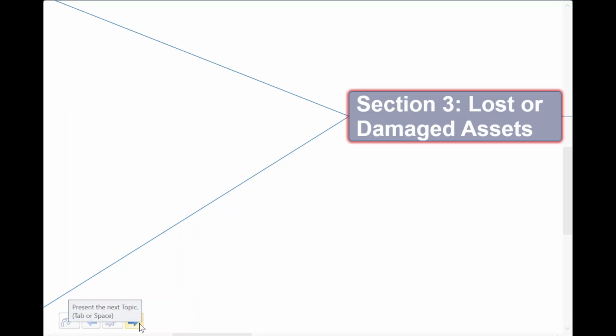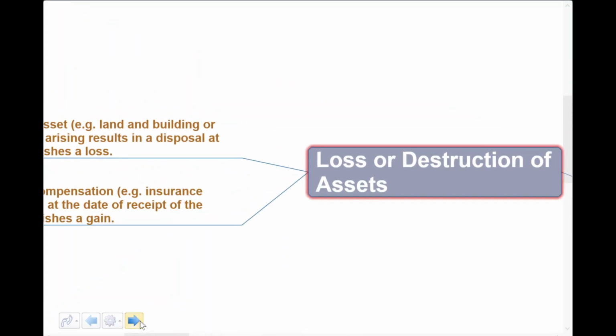Different area now, lost or damaged assets. So far, we've covered a lot of ground. We've covered chattels. We've covered wasting assets. We've covered a lot of detailed rules. Here what we're talking about is, well, there's an asset, but it's been lost or damaged.